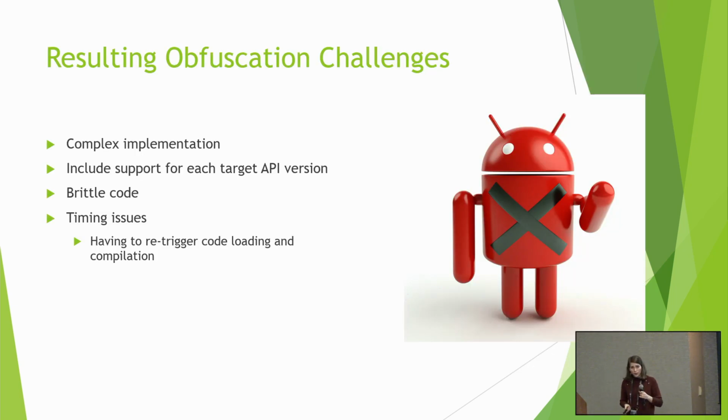As I said before, the main challenges are complex implementation. Another additional challenge is that Android releases a bunch of different API versions. These are just different versions of Android that are released. You have your API 28, 29, maybe. When you're using this runtime manipulation, there are small differences in the actual Android source code between almost every single API version for the methods you're looking at.